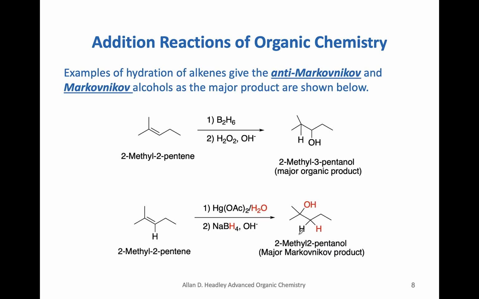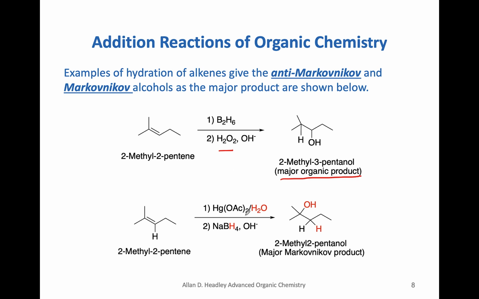So this gives a summary. Here we have the same molecule, 2-methyl-2-pentene, using diborane. Notice it's diborane now, but it can also be written as BH3. Followed by oxidation gives us the major product, the anti-Markovnikov addition, as the major product.